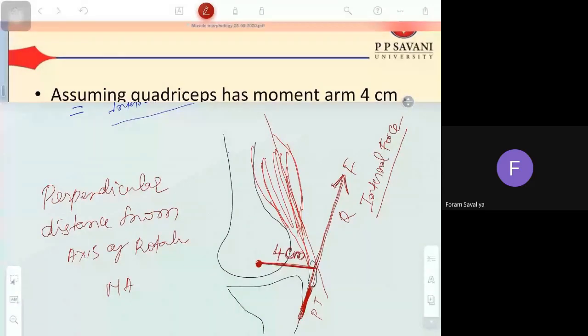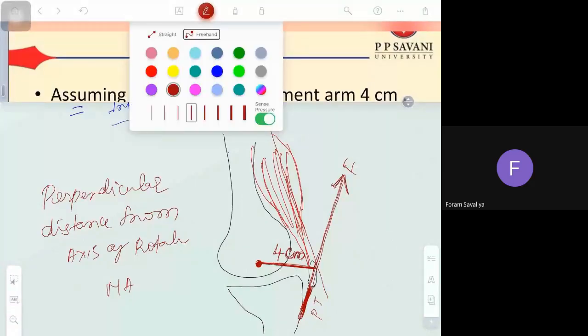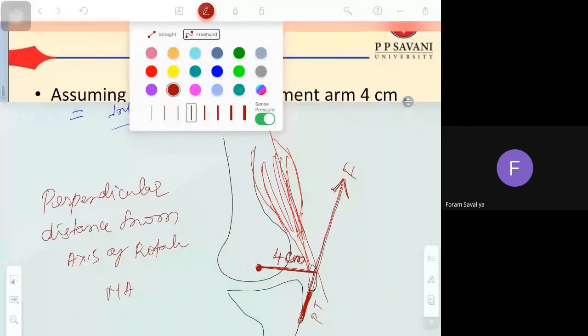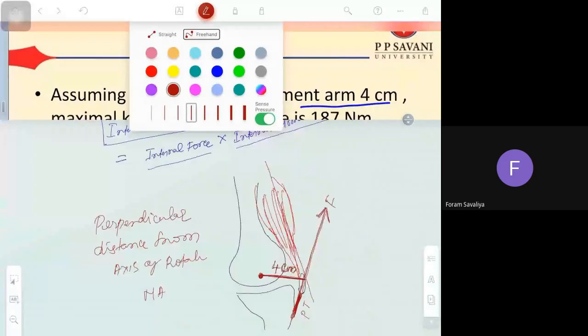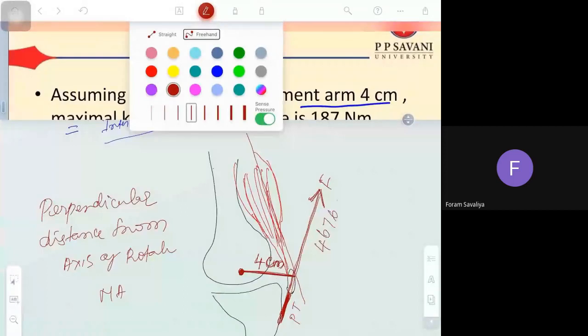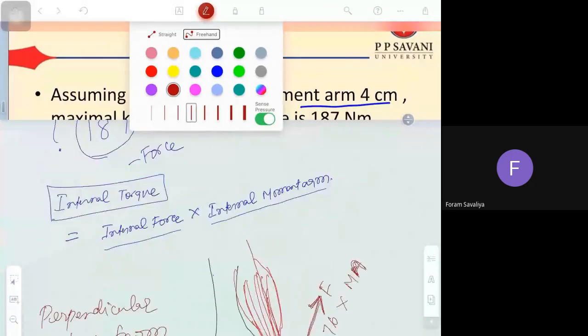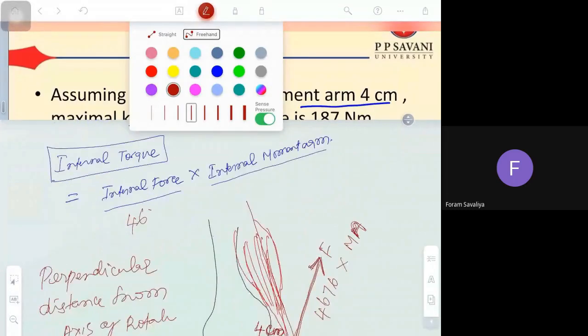So what we discussed, 4676, multiplied by the moment arm. What is the internal force? 4676, into the internal moment arm.